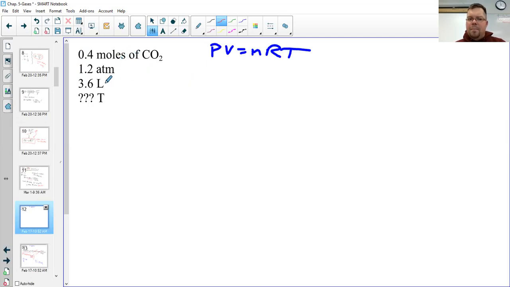So you can immediately plug these into the equation and solve for the temperature ultimately. The temperature will be solved for in Kelvin. Make sure that you show your work, show all units being canceled as you plug the values into this equation. So that's question number 1.